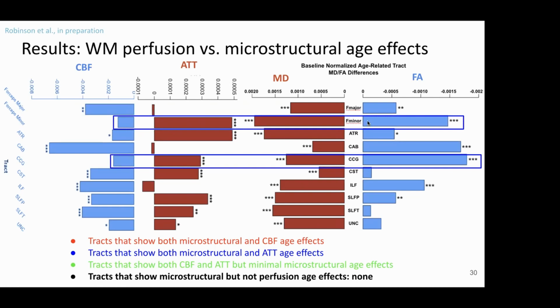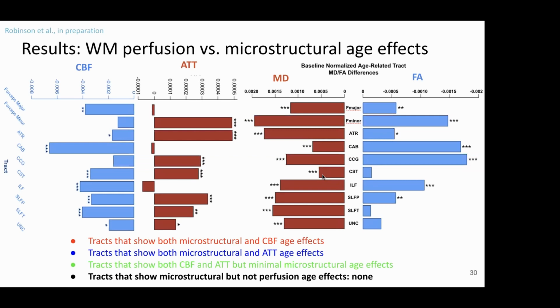They include the forceps minor, the anterior cingulate, and tracts that are relatively spared in terms of microstructure. This was the cerebral spinal tract, but it does still show significant blood flow reduction in terms of both CBF and ATT, these two dimensions of perfusion.